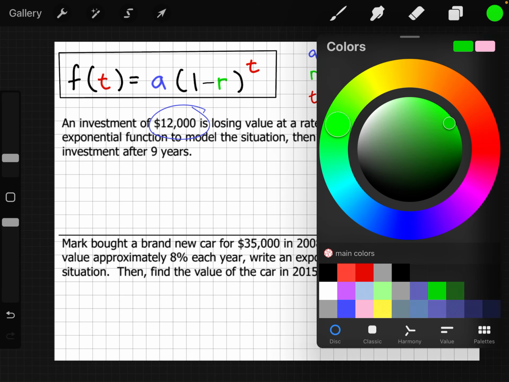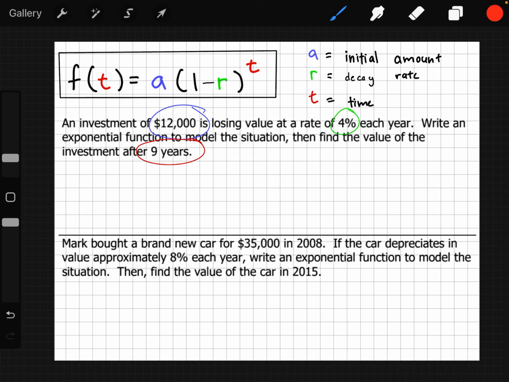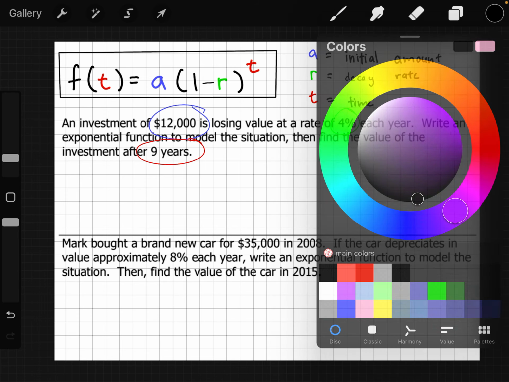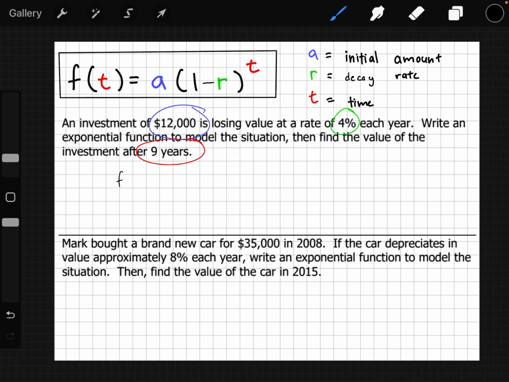So here's our initial amount. Here's the decay rate. And here's the amount of time. So f of 9 equals 12,000 times 1 minus 0.04 raised to the power of 9.